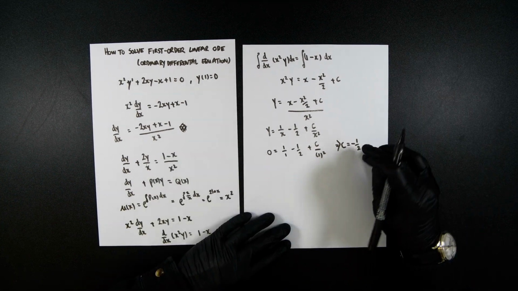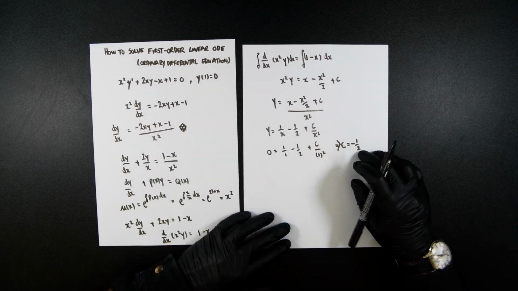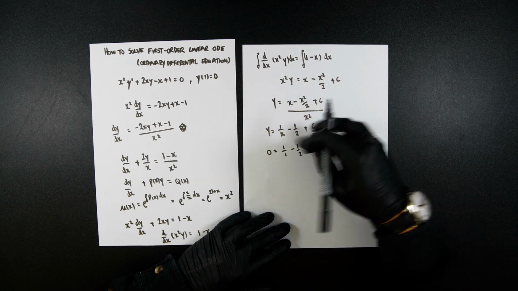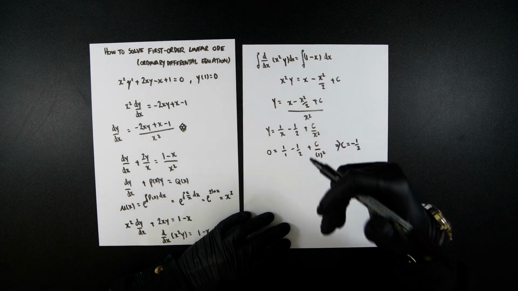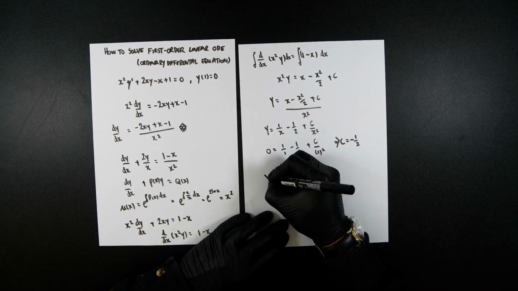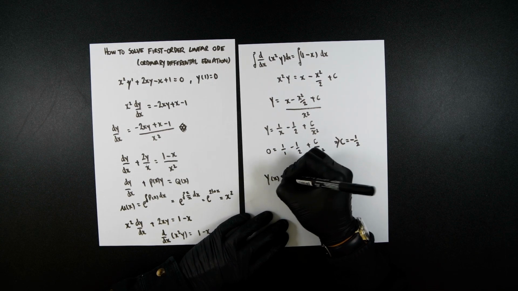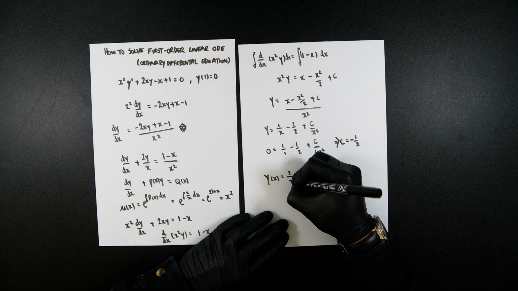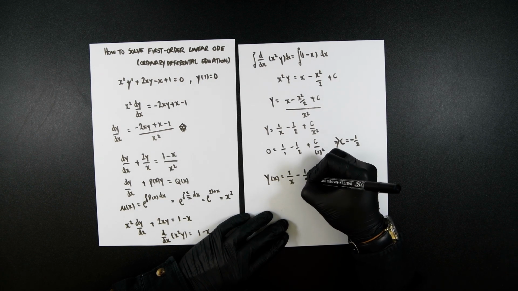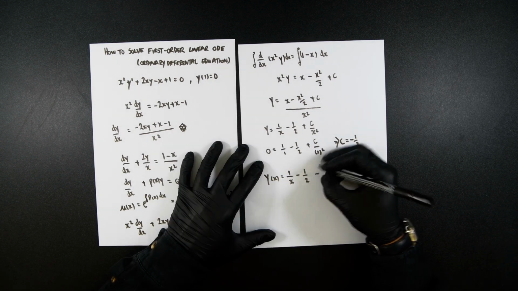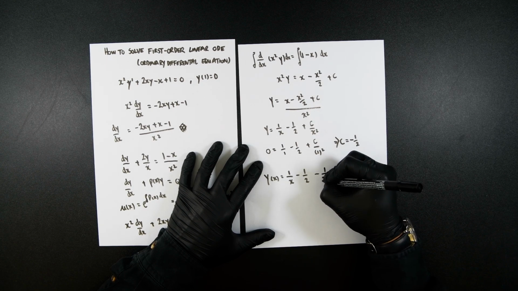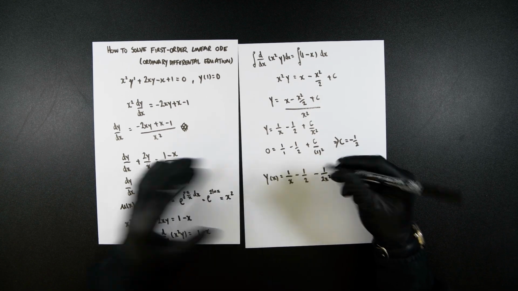So now we can take this and plug it into here and get our answer. So we've got y in terms of x is 1 over x minus a half minus 1 over 2x squared.